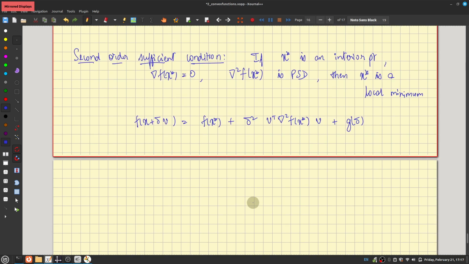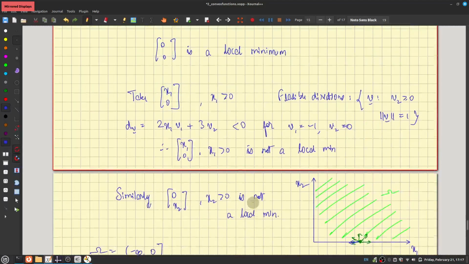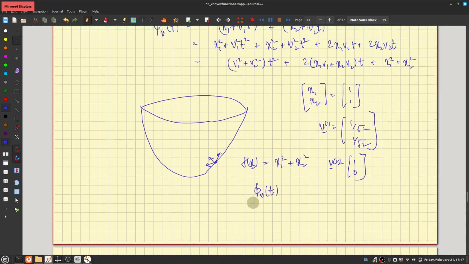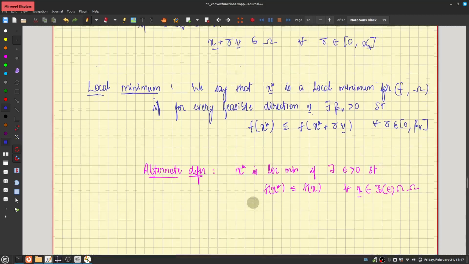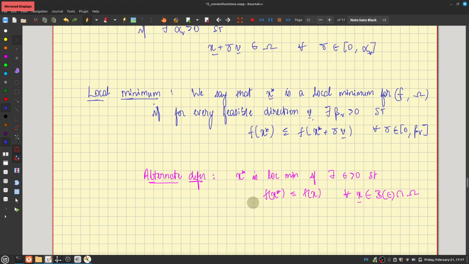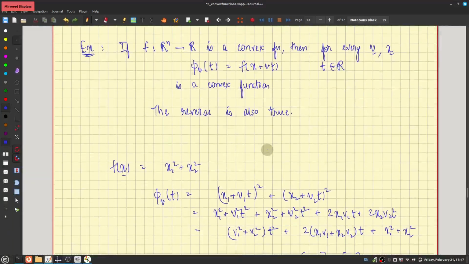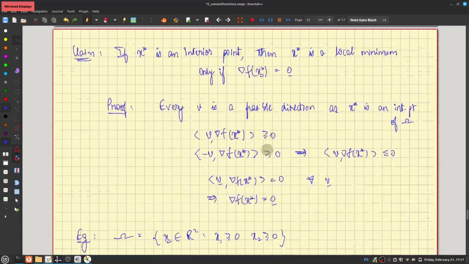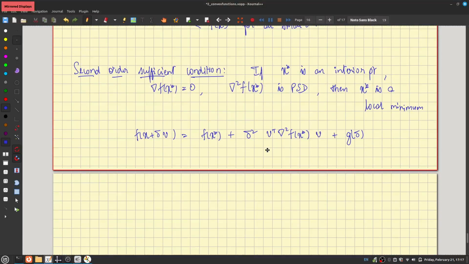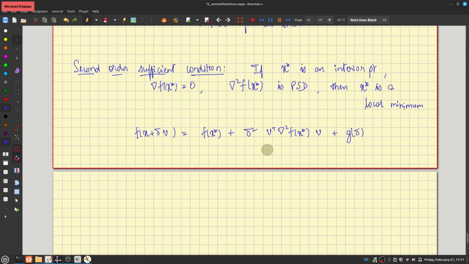But now let's go back to the definition of a local minimum. We want to make sure that for every feasible direction, this should be less than or equal to f. In fact, you can prove something a little stronger.